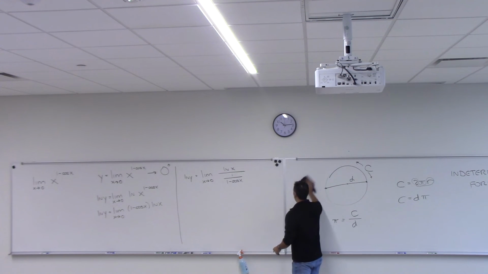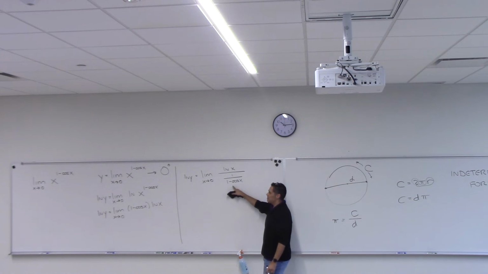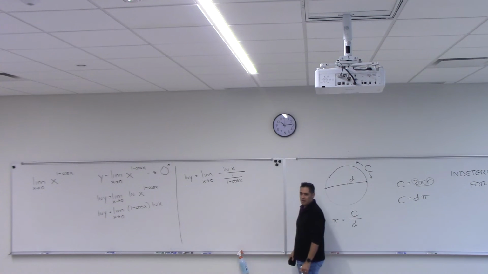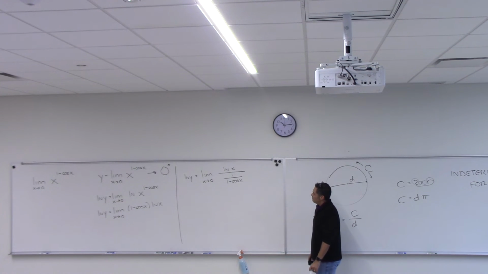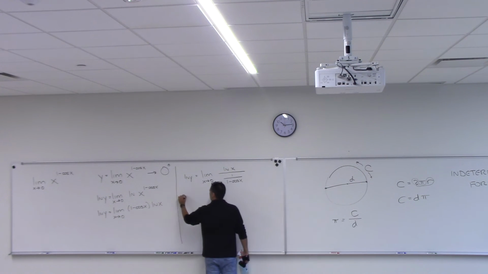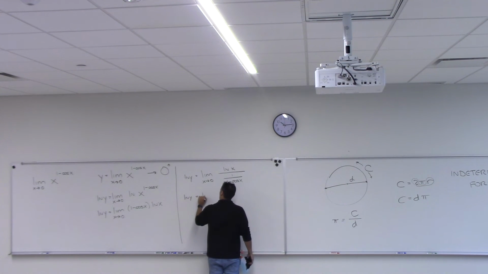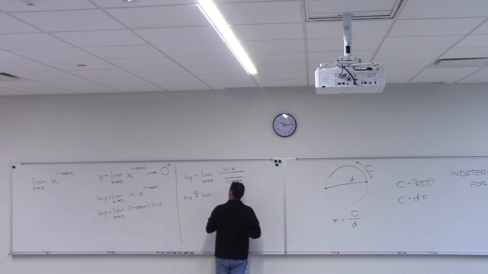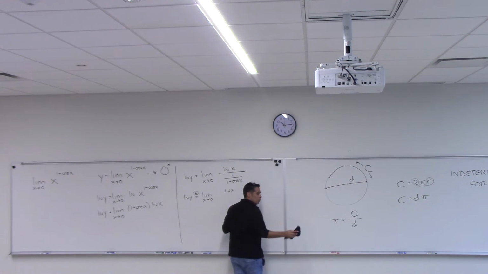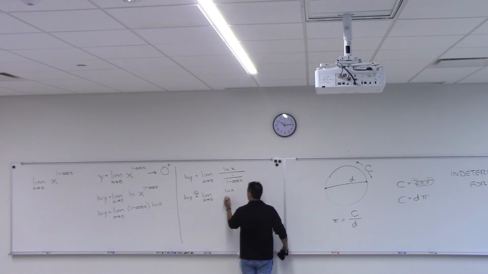Let's see. This right here, I'm hesitant to want to do this, but I'm going to do it, okay? I'm going to try this. So if I do L'Hopital now, I'm going to leave the natural log x on the bottom. Did it work out when you did it that way? Or are you stuck?